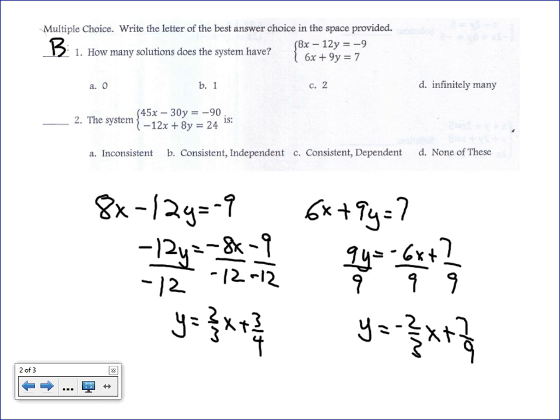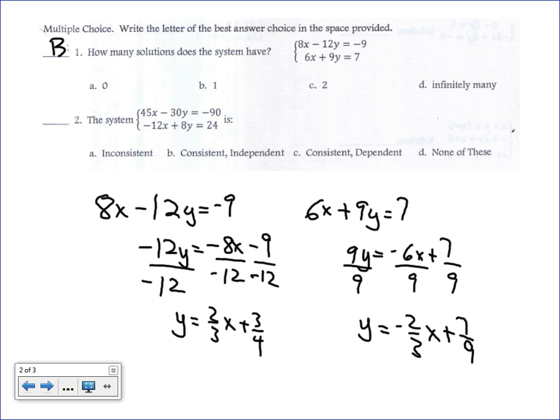All right, now, somebody in my 7th period class said, Coach Hill, are these lines perpendicular? Because it seems like to me one of the slopes is positive and one of the slopes is negative. Remember, from our previous studies of linear equations, if they have parallel lines, the slopes are the same. If they have perpendicular lines, it's not just they're opposite of each other, but you have to do 2 things to them.